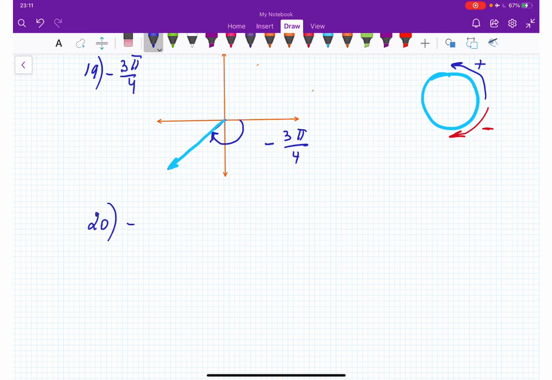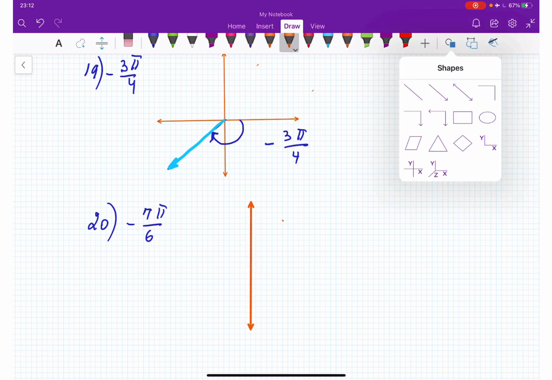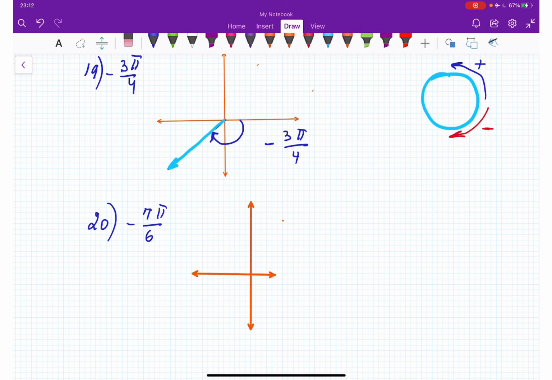Question number 20. Negative 7 pi over 6. And this will be the last one. Negative 7 over 6 pi is equal to negative 1 and 1 over 6 pi, right?